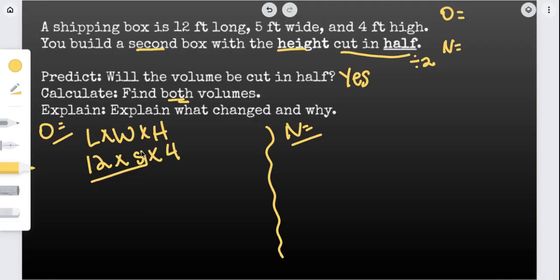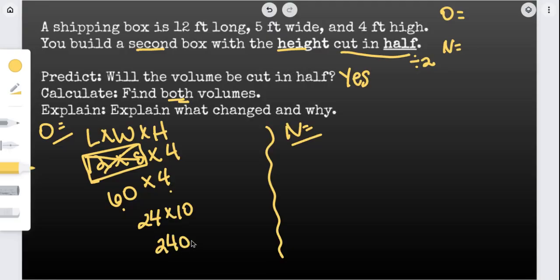But in this case, I think I'm going to stick with the 12 times 5 because I already know easily it is 60. I'm going to cross off what I've already used and then say times 4. And I'm left with 6 times 4, which is 24. This 0 here is the same as saying 24 times 10, which equals 240.